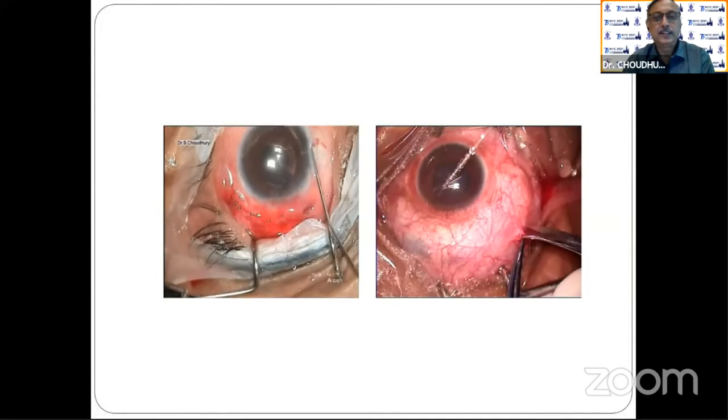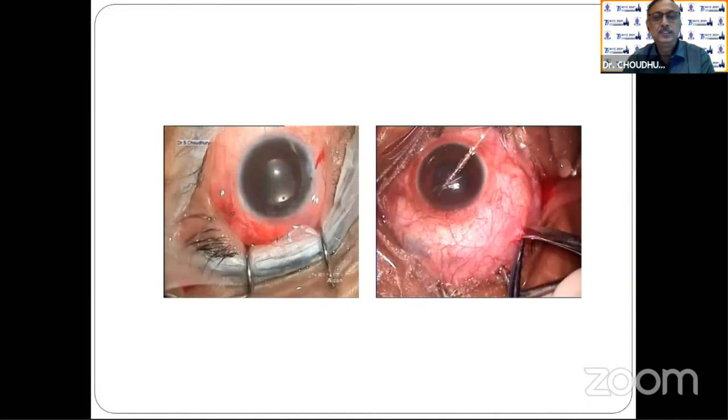Sometimes in the anterior chamber we have to put viscoelastic to form the anterior chamber. So slowly it comes.